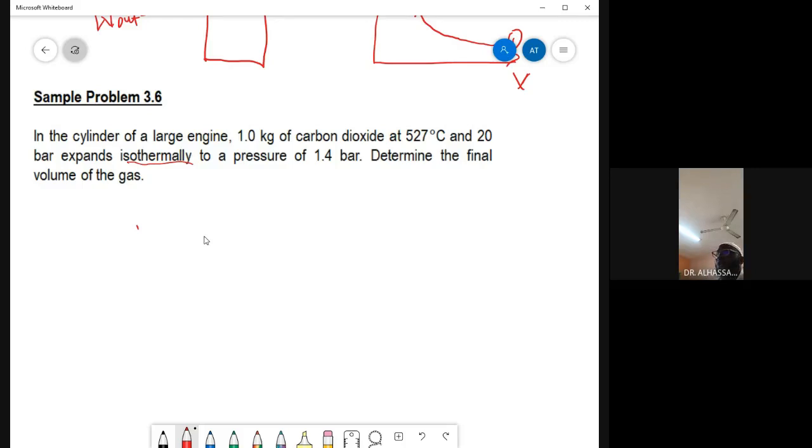Now, in this particular situation, mass of the gas is given, 1 kilogram. This is carbon dioxide. And then initial temperature equals final temperature, which equals 527 plus 273, so Kelvin, this way.